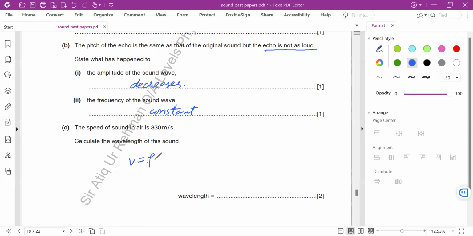v is equal to f lambda, so lambda is equal to v divided by f. So 330 divided by the frequency.